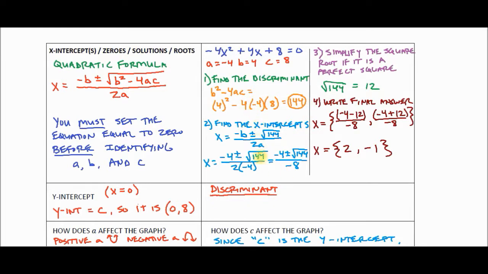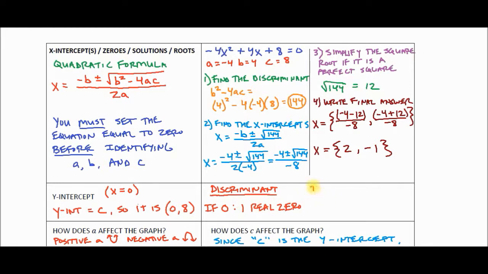If the discriminant is 0, that means we have one x-intercept, or one real zero. We know that x-intercepts can also be called zeros. If the discriminant is 0, that means we have one x-intercept.